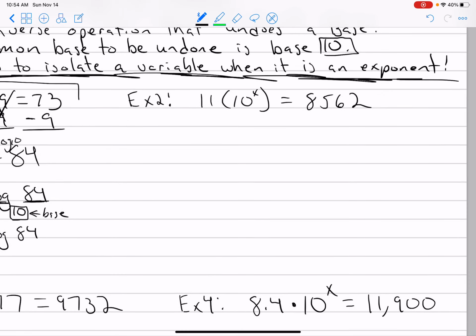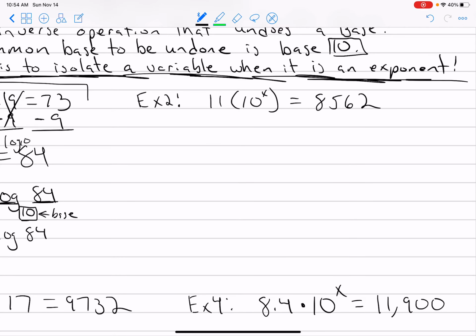All right, let's do number 2. We're only going to do 4 of these. Go ahead and write down number 2. It says 11 times 10 to the x equals 8,562. Again, we're going to do what we know. We want to get 10 to the x alone to begin with, and we see that it is being multiplied by 11.